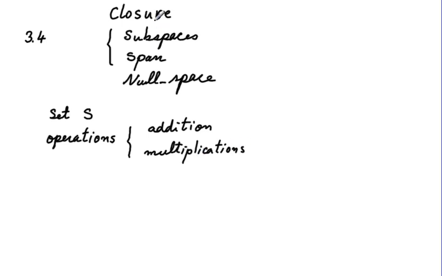The idea of a closure is once you perform these operations on the set that you have, would the results still stay in the set, or would you have a chance of leaving the set? If you always stay in the set S, we say the set has a closure property. If you leave, you say the set doesn't have closure property. Now, for our purposes, the set S that we are looking at is a set of vectors.